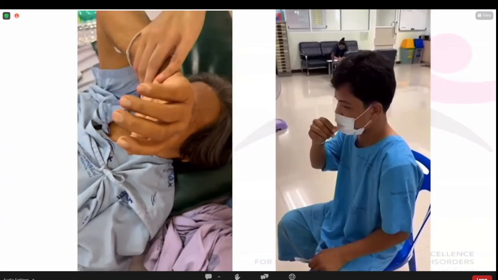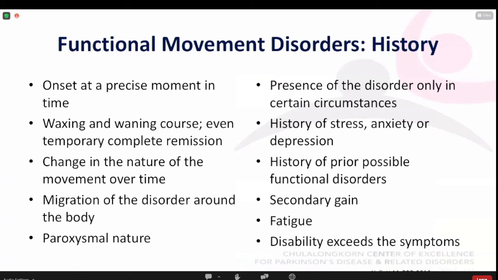For functional movement disorder, the clinical clues might be acute onset, waxing and waning, changing movement over time, and maybe migrating from one part to another, and maybe the absence of other signs of an organic disorder, and maybe a history of psychiatric disorder, and maybe secondary gain.